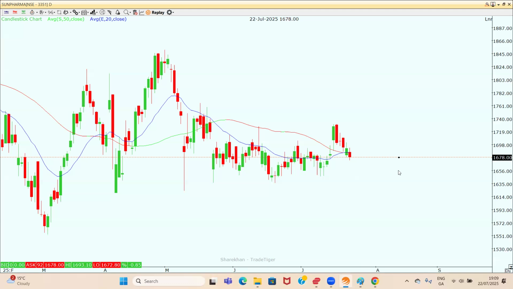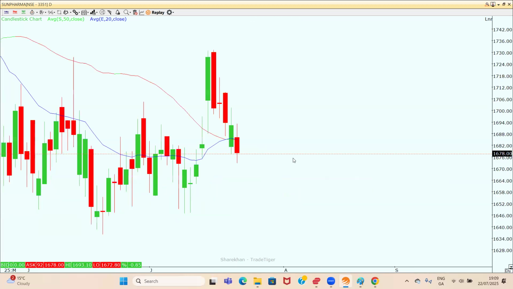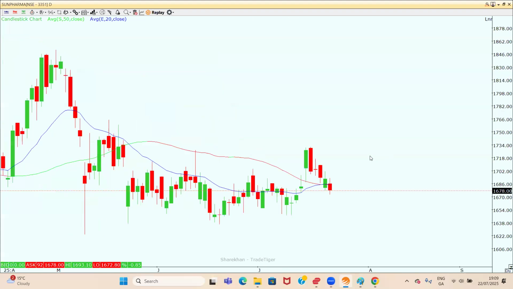Now, if you remember, I told you what is a candle, right? And these are live examples of candles.